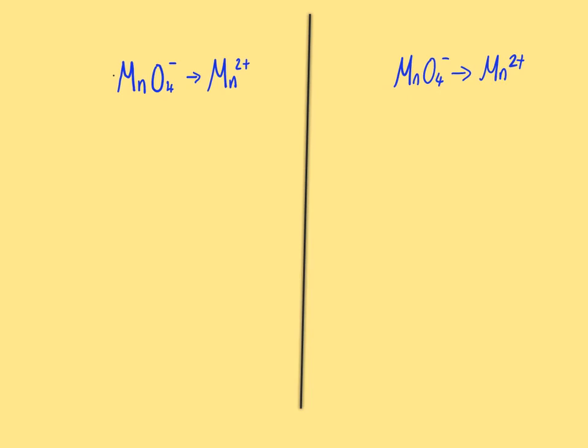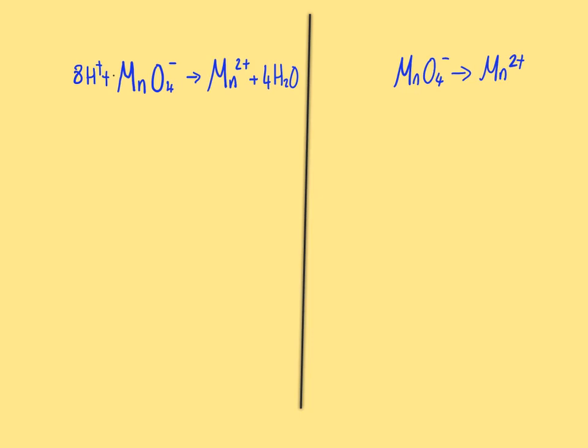So using the balancing charge method, we can see that the manganese atoms are the same on both sides, but we've got 4 oxygens on this side, and now we need to add 4 H2Os on this side. We've now introduced 4 times 2, 8 hydrogens on this side, so we must balance that by adding 8 H plus ions on this side.